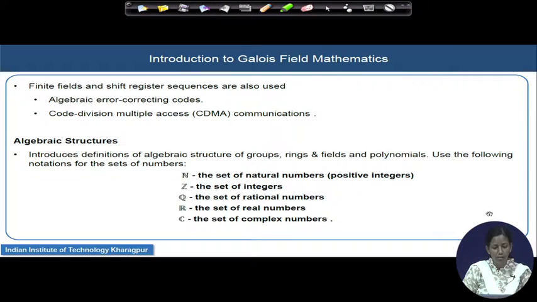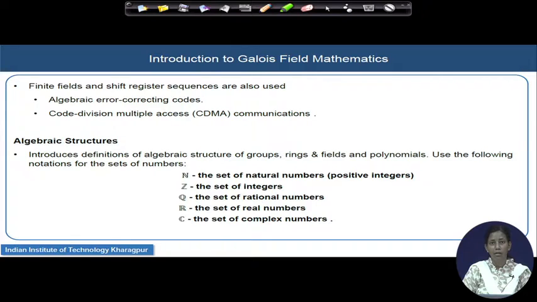The finite fields and these shift register sequences are also used in other areas of communication. For example, for code division multiple access communications, and in devising the forward error control codes, the FEC, and those error control codes are designed to give protection against channel burst errors as well as channel errors, and the whole family of forward error control codes, starting from block codes to all the codes that you can name, the convolution code, the RS code, the concatenated codes, the LDPC, which is mostly used in modern communication systems.